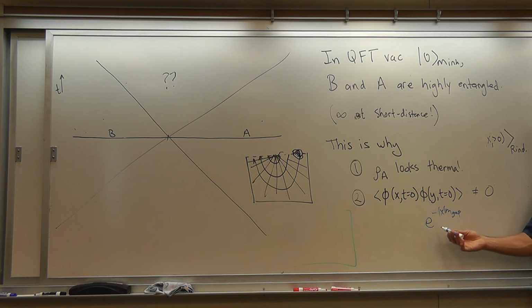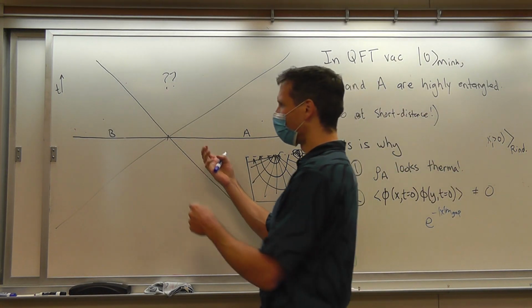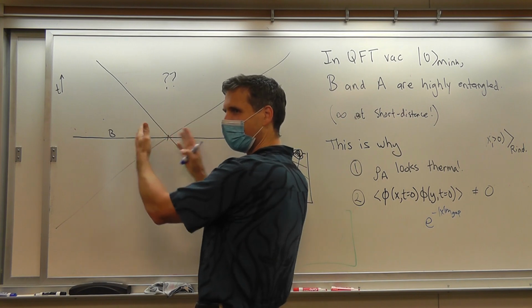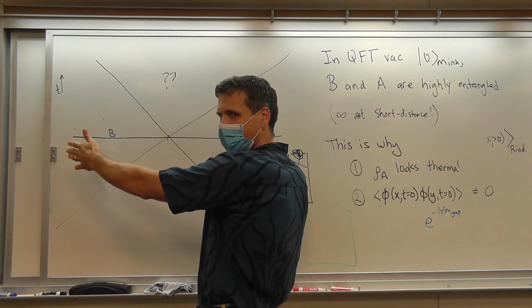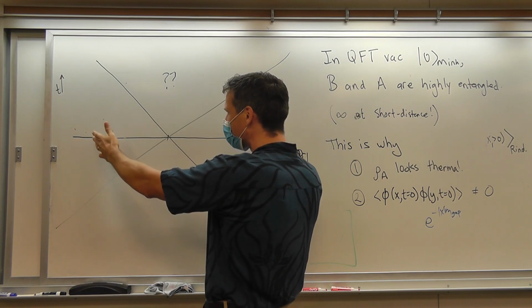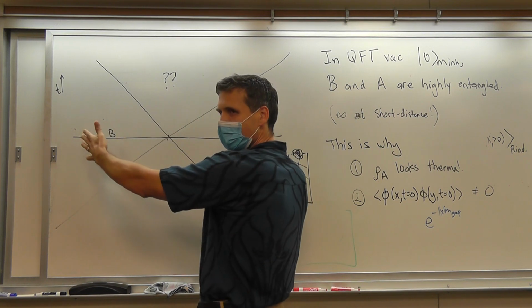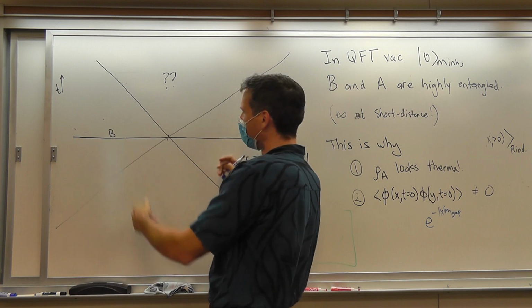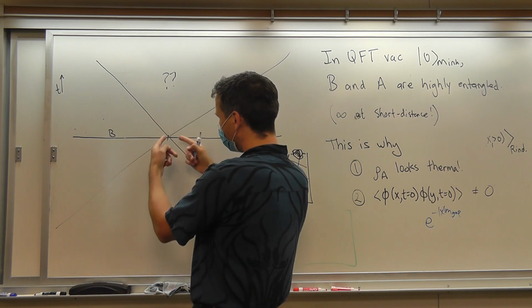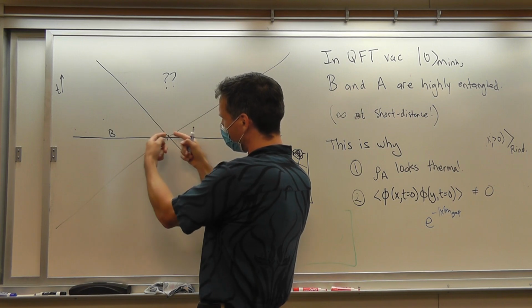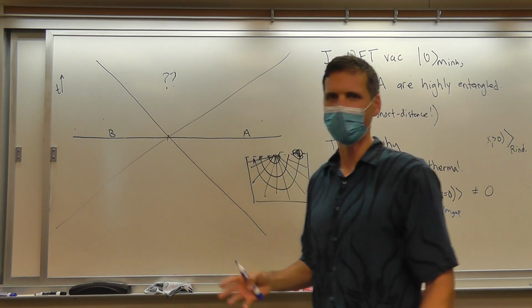If it's conformal, you get power law at long distances. And all these facts have corresponding facts in the entanglement structure. Gapped theories have basically zero entanglement at long distances. Gapless theories fall off in a power law way, smaller at long distances, but not exponentially going to zero. And as we said, both the 2-point singularities and the entanglement are infinite as you bring points together. So the two go hand in hand.